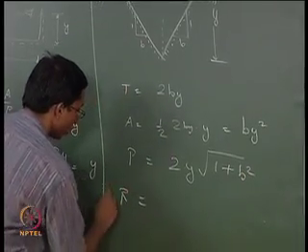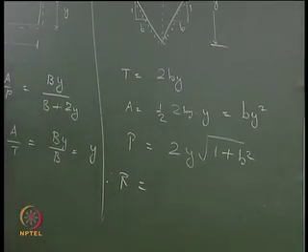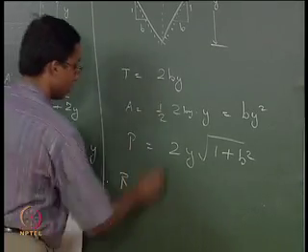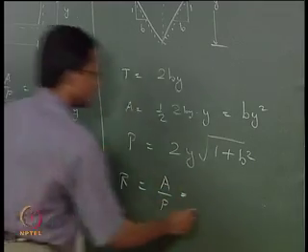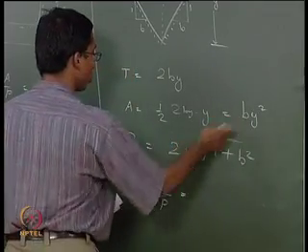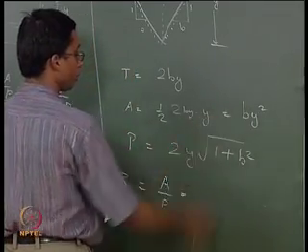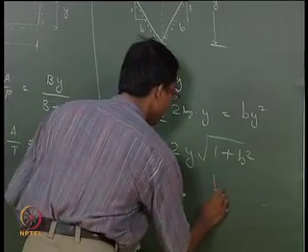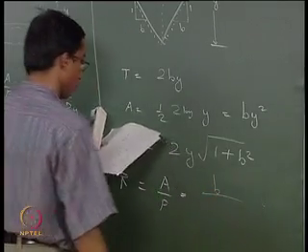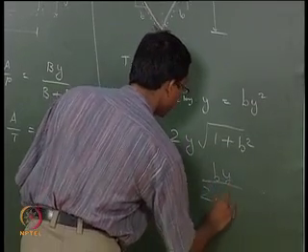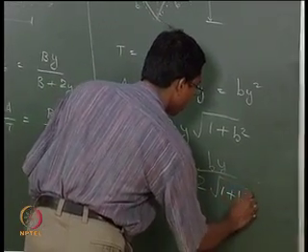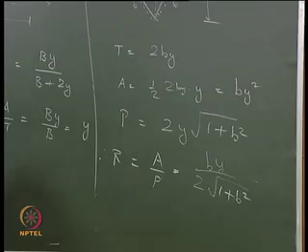Therefore, your hydraulic radius R is A by P. Try to obtain them: b y square divided by 2 y into root of 1 plus b square. You will get b y into twice of root of 1 plus b square.